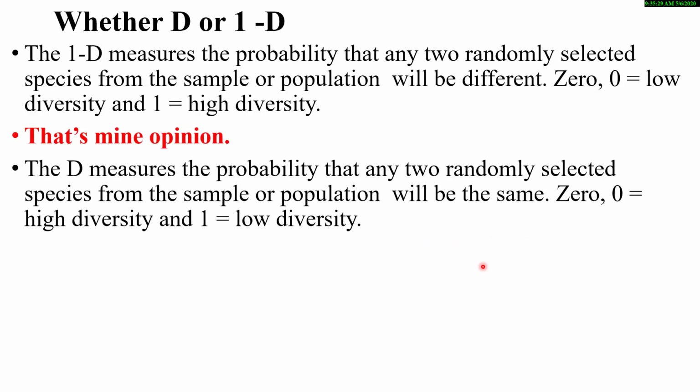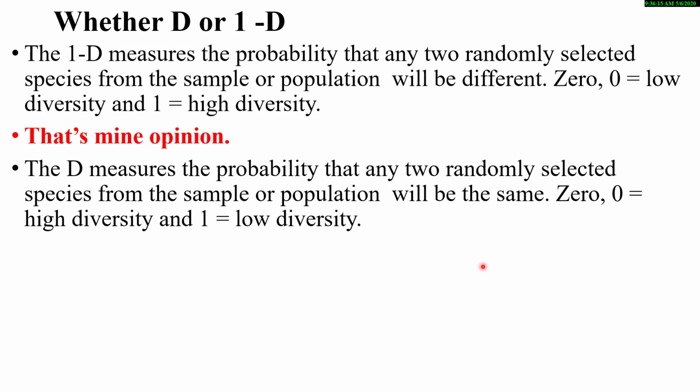The 1 minus D measures the probability that any two randomly selected species from the sample or population will be different. When you get the answer to be 0 or closer to 0, it means that the diversity is low. When the answer approaches 1, it means that the diversity is high. The D measures the probability that any two randomly selected species from the sample or population will be the same.